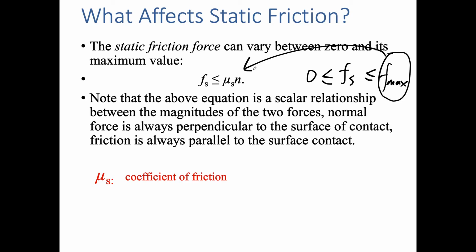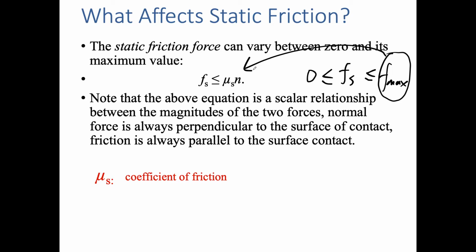The maximum value should be a coefficient, which only depends on the property of the two surfaces in contact, we call it the coefficient of static friction, times the normal force. So the larger the normal force, the larger the static friction can be.